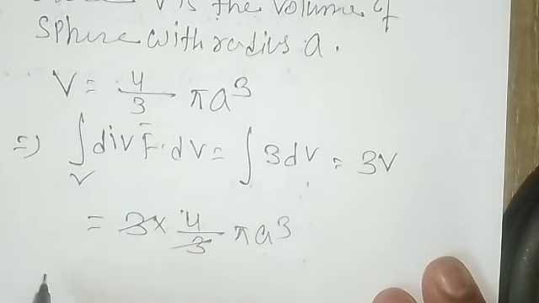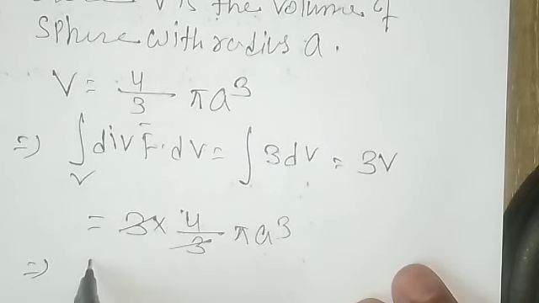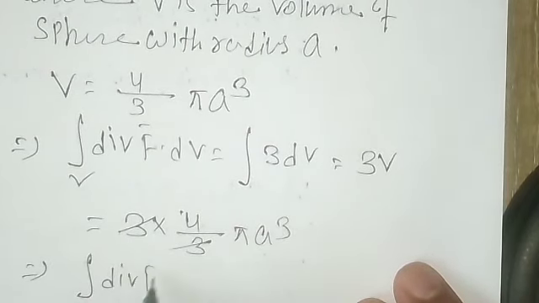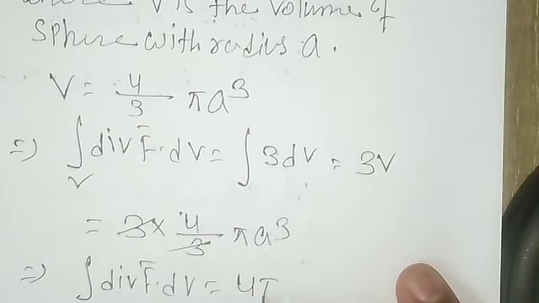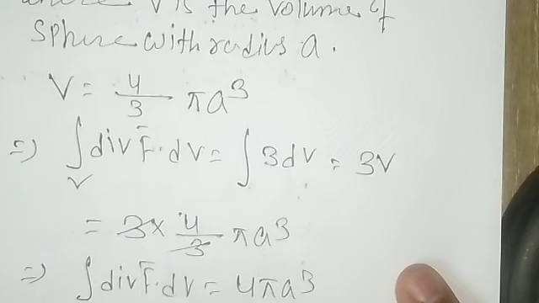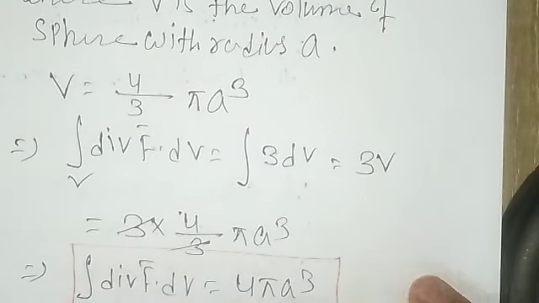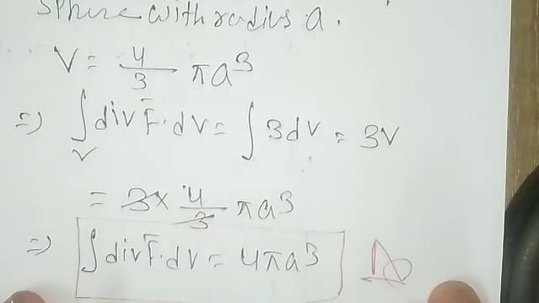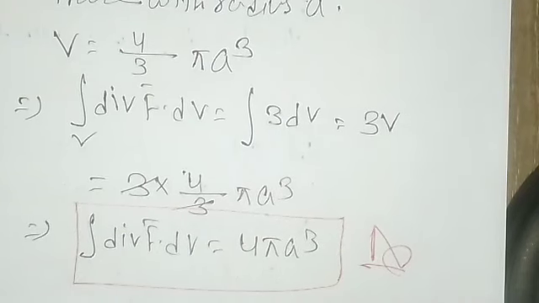So the integration of divergence of F dV is equal to 3V, which is 3 times 4 by 3 pi a cube, so the 3 gets cancelled. Here your answer is 4 pi a cube. This is how you will find the solution with the vector integral theorem. Thank you.